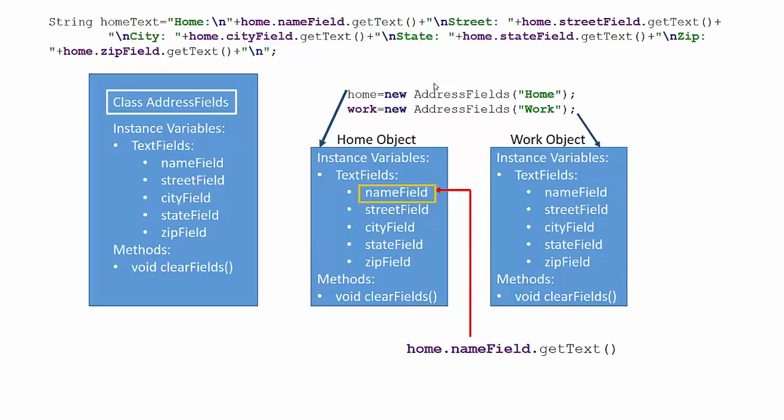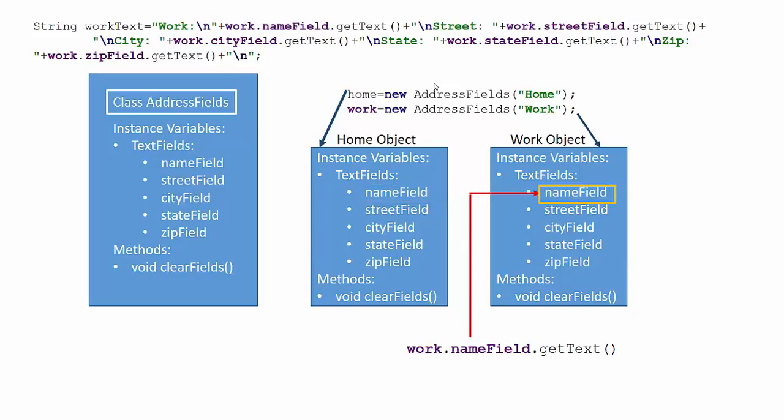Since home.nameField returns a JTextField, getText is chaining a method call onto the end of that, calling getText on that text field, and it returns the string from that field. Same thing for work.nameField.getText. That's going to get the string out of the JTextField called nameField for the work object. Okay, so this is how these methods and these classes interact with one another.